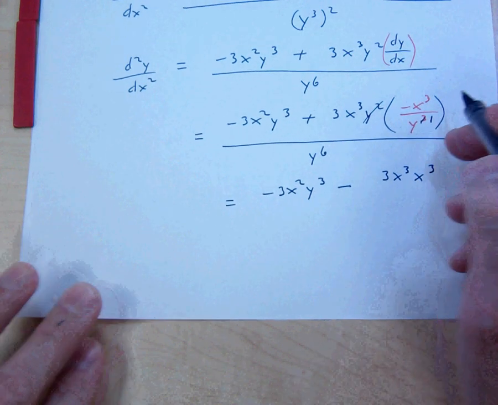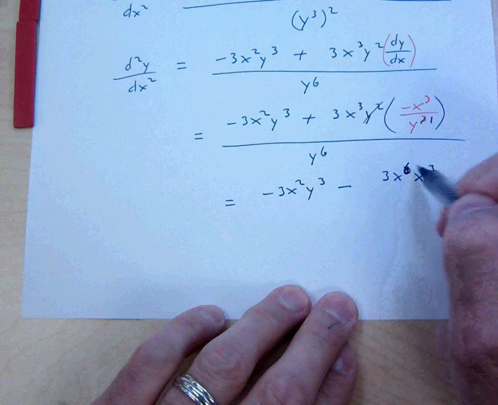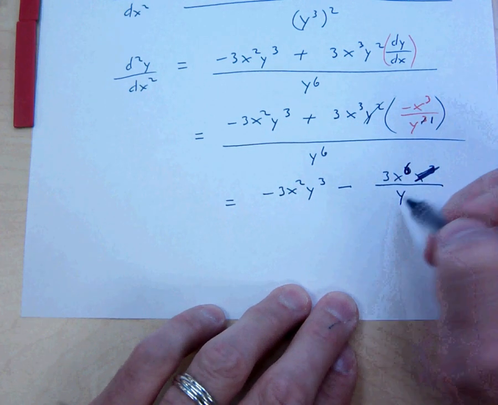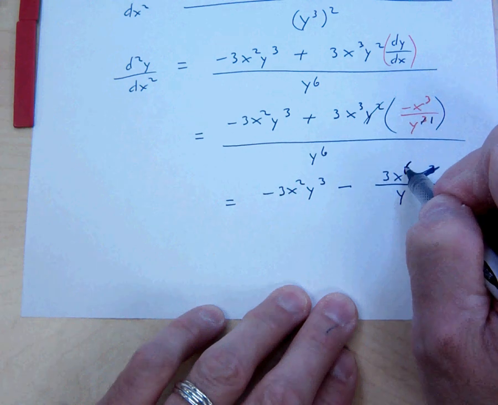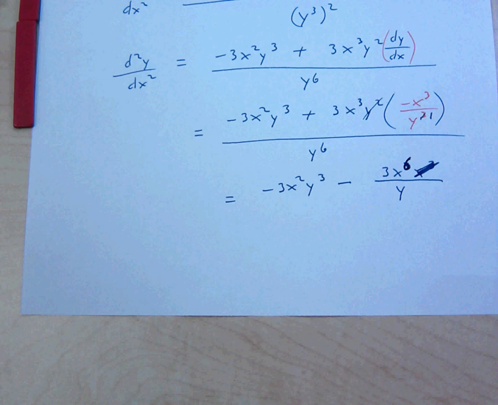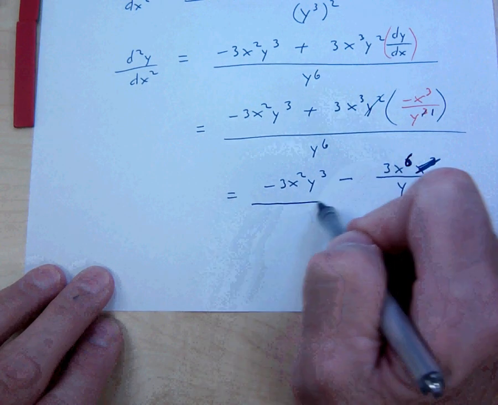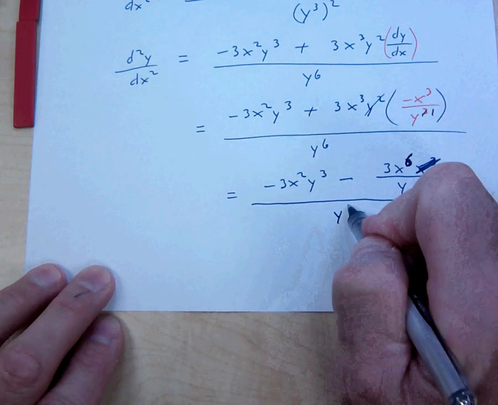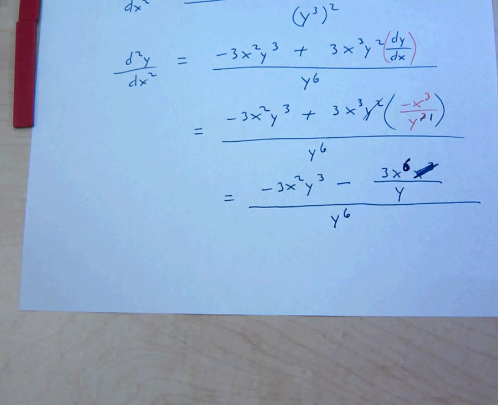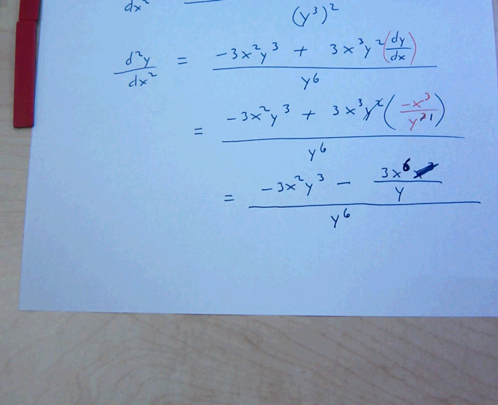Actually, that gives you x to the 6, doesn't it? Yes? All over what? Y? Okay, that's a 6. Everybody okay with that? Okay. And then all over y to the 6, right? Good? Okay.